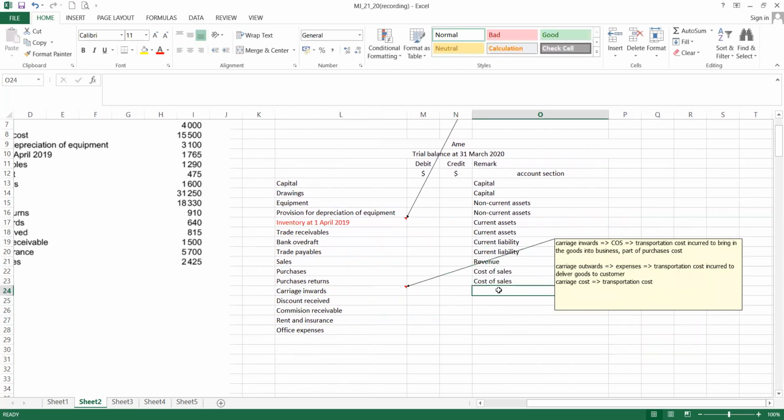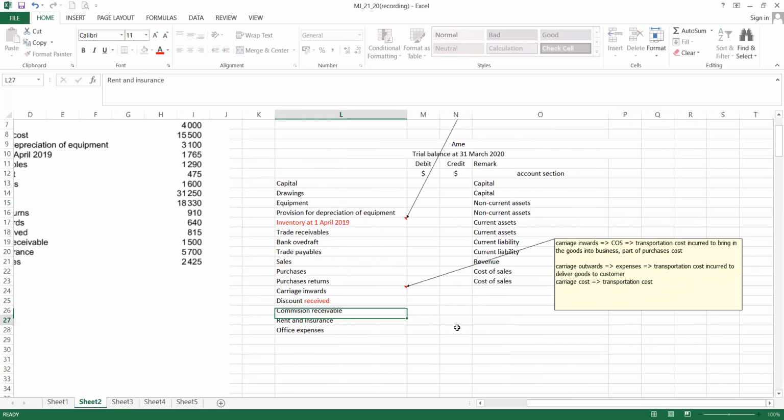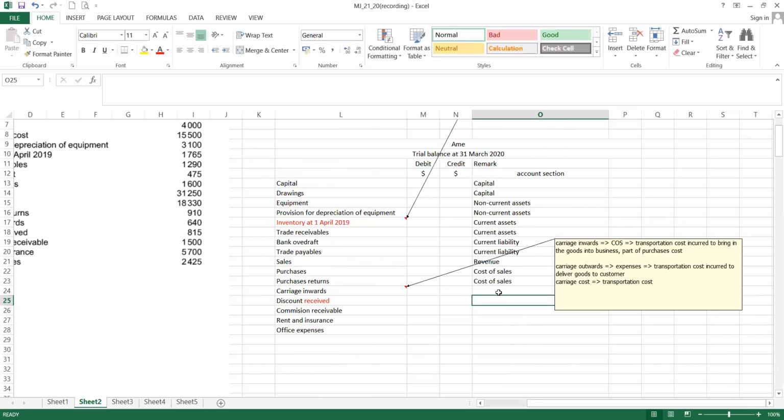Okay, now next, discount received. The word received behind indicates to you it is an income. Okay, discount received, commission received, so long as it has received at the back, this is other income, under the section other income.